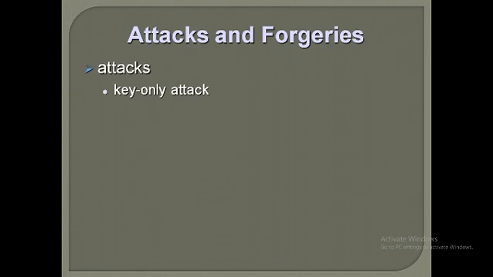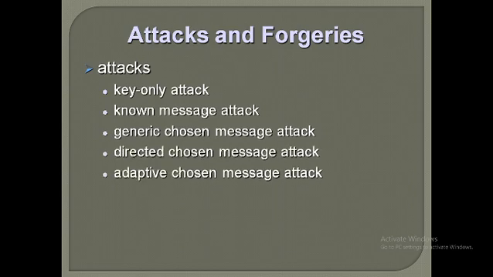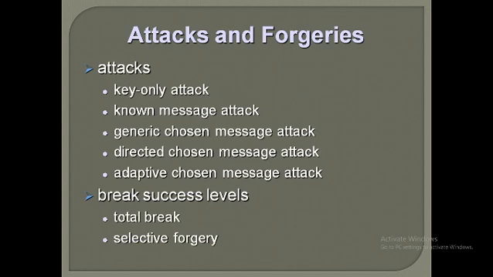Now we have the key only attack. There are different kinds of attacks: the key only attack, the known message attack, the generic chosen message attack, the directed chosen message attack, and the adaptive chosen message attack. And based on the success, we can have a complete universal break, universal forgery, selective forgery or existential forgery.